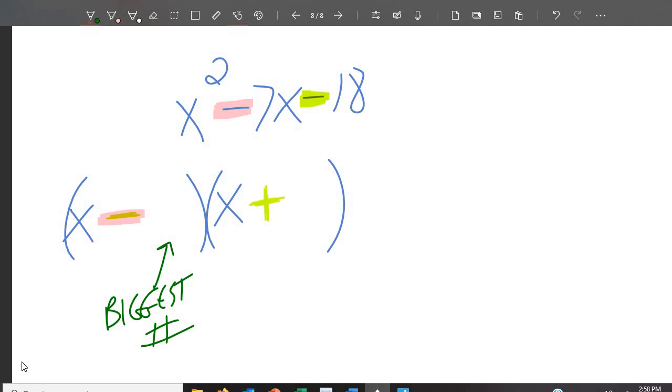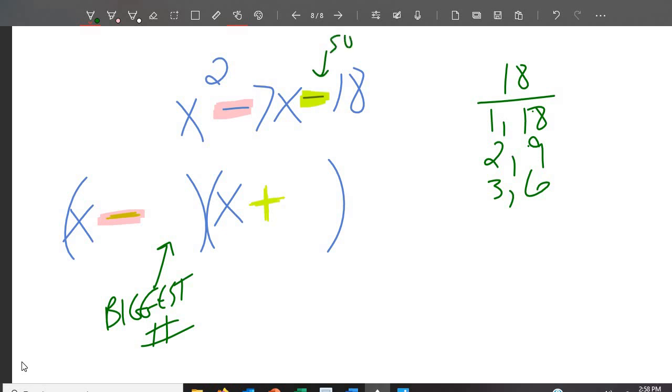Now let's think about the factors of 18. We got 1 and 18, 2 and 9, 3 and 6. Now remember, this means subtraction. Which pairs of numbers subtract to give me 7? Well, if I subtract 18 and 1, we get 17. If I subtract 9 and 2, I get 7.